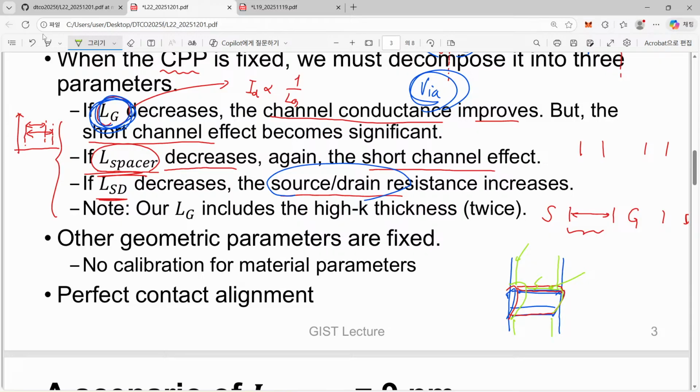So although we say this number equals 20 nanometer, in reality the place where the actual gate sits should be given by 20 nanometer minus 2 times the high K layer thickness.